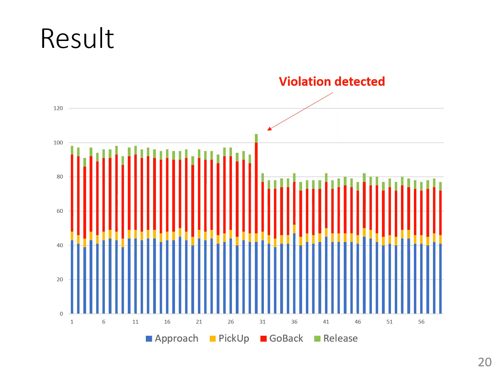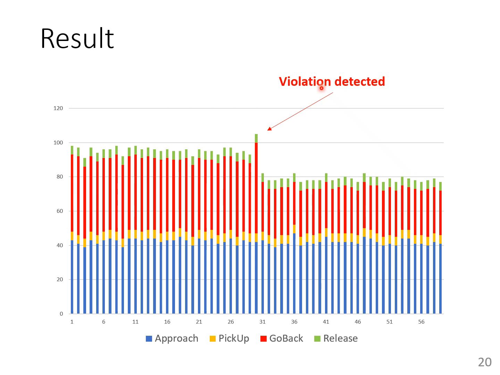This shows the execution time for each task. In the experiment, an obstacle was placed at the 30th cycle. And at that timing, a constraint violation was detected.